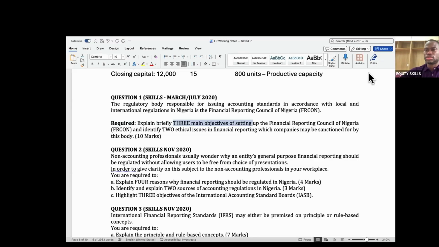Can we contribute to this? Is there anybody, can you give me a point on this? To protect the interest of investors and shareholders. Correct. That's the most important one. Number 2.